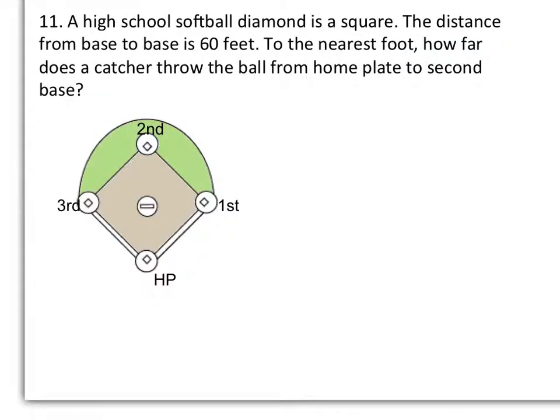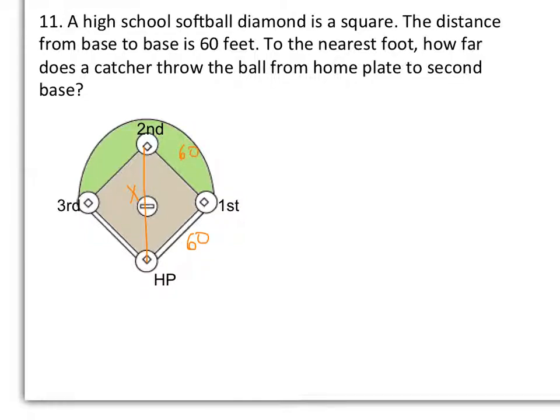In number 11, a high school softball diamond is a square. The distance from base to base is 60 feet. To the nearest foot, how far does a catcher throw the ball from home plate to second base? Okay, so we're looking for this distance here, which we'll call x, and we know that the distance between each base is 60 feet.